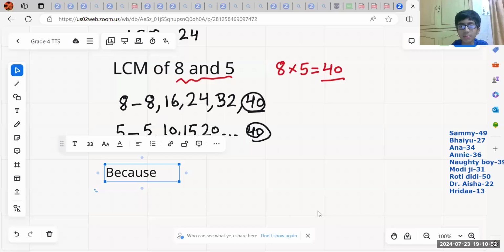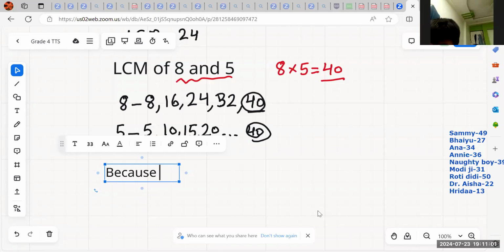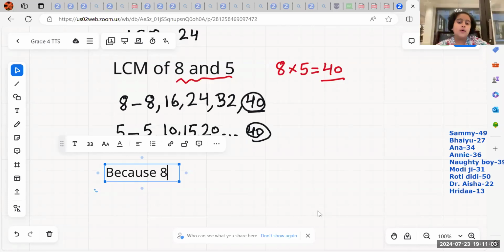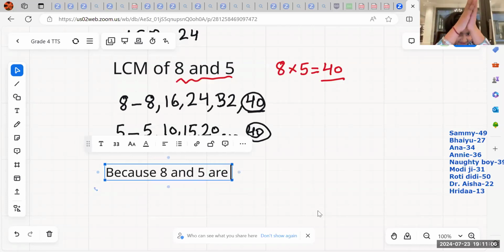Sir, because 5 is a prime number and it does not come in the table of 5. So we will multiply 8 and 5. No, beta, it's not the exact reason. Because 8 and 5 are co-primes.